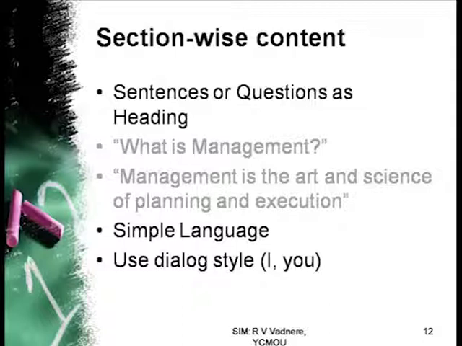He knows that management is the art and science of planning and execution, and what follows are the various examples about that particular sentence: how planning is done, how execution is done, how the manager does the planning, how the manager does the execution, what are the various stages in the planning and what are the various stages in the execution. So, that is going to increase the value of our unit in a much further manner.